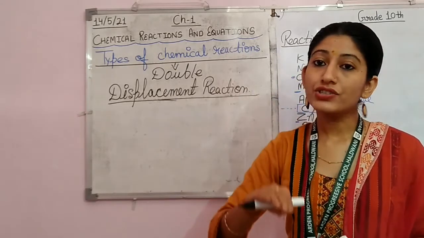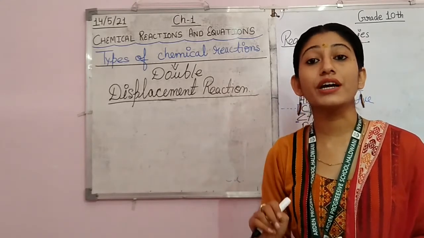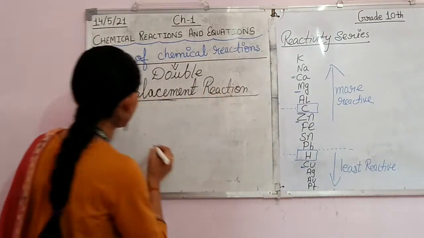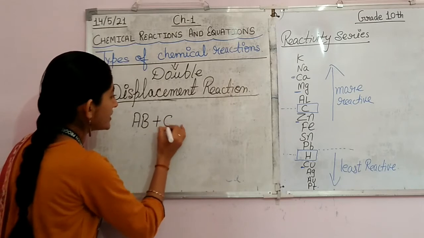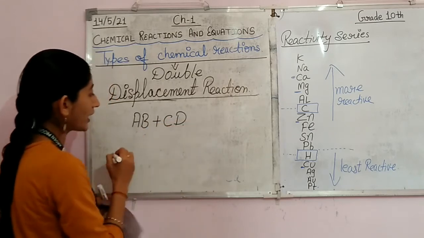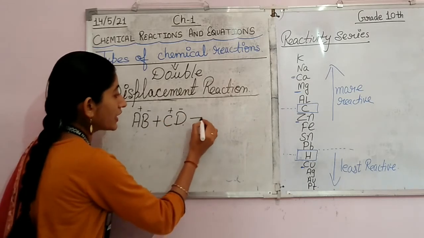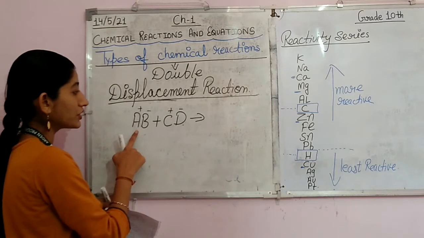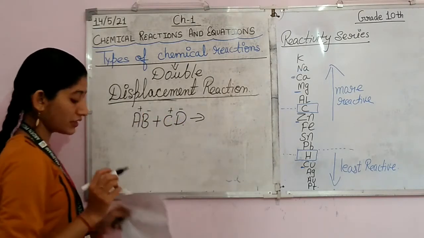No. Both the reactants exchange their ions. For example, suppose I have AB plus CD. In this way the compounds are there. As I told you, for a compound the first one is positive, the other one is negative.